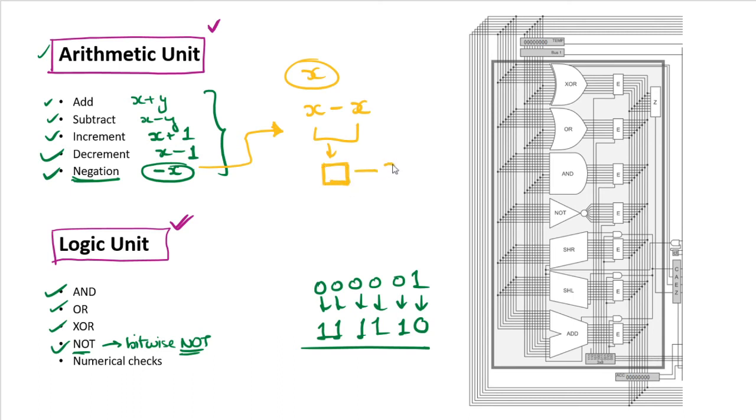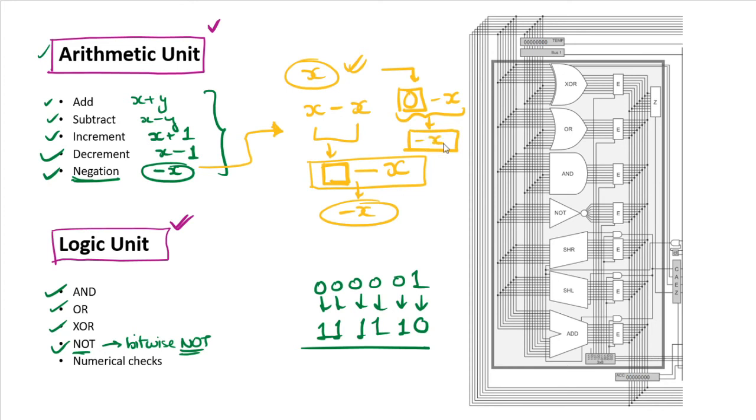Now we subtract x again, and the accumulator will store minus x, the negation of x. We can also directly store the negation by subtracting x from 0. In that case the value stored inside the accumulator will be minus x. So using subtraction once or twice, both variations, we can implement negation. I think I'm making sense here.